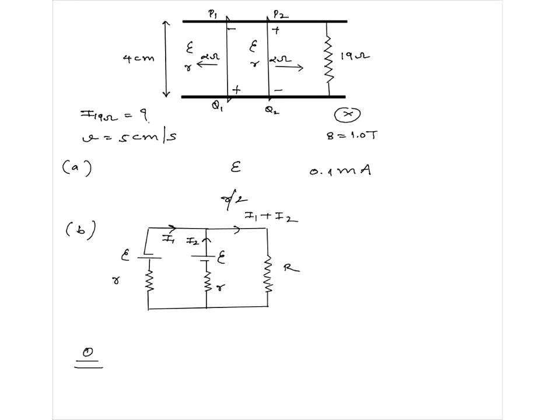You can see that 19 ohm on the right side and these two sliders are 2 ohms each. So 19 ohm, 2 ohm, 2 ohm. The rails are at the top and at the bottom.